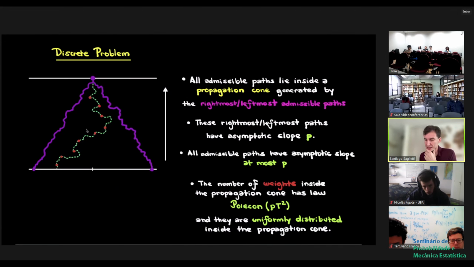So what will happen is that as t goes to infinity, they will have a slope which is asymptotically the sticking parameter. And moreover, all admissible paths lying inside this propagation cone right here, again, can only jump whenever they see a Poisson process.